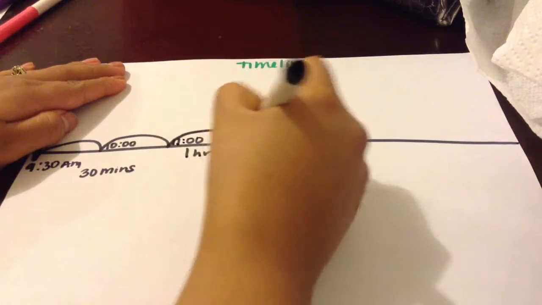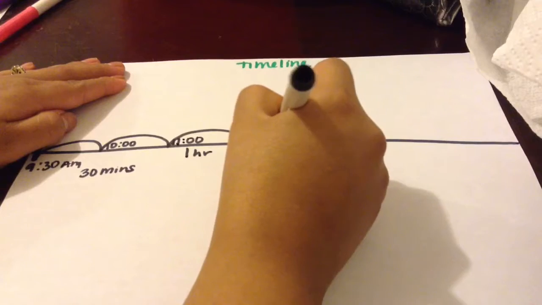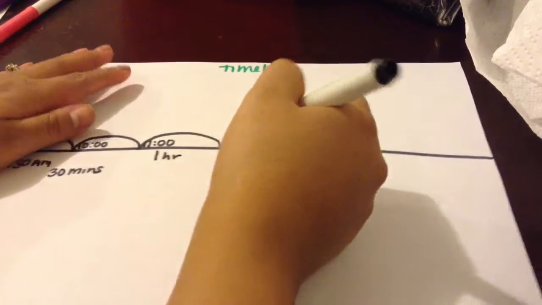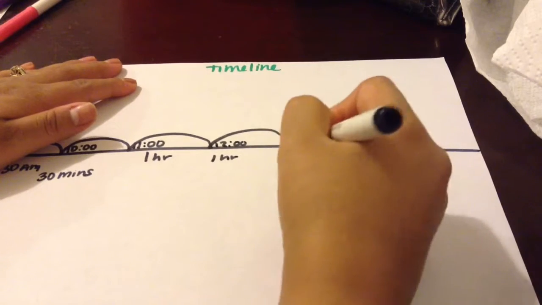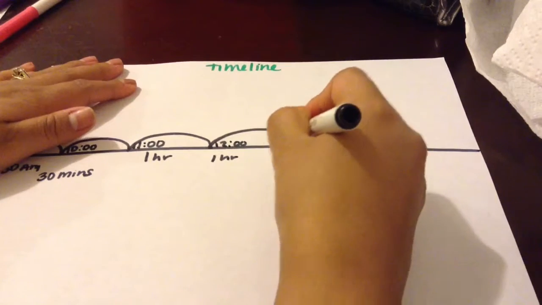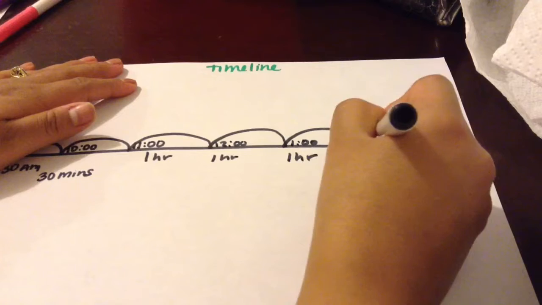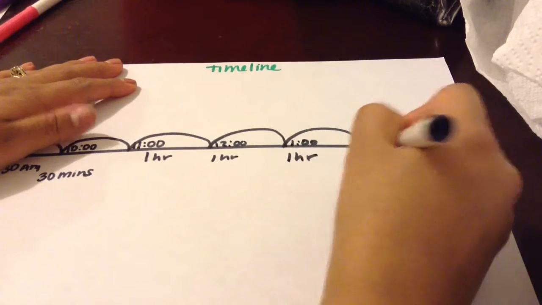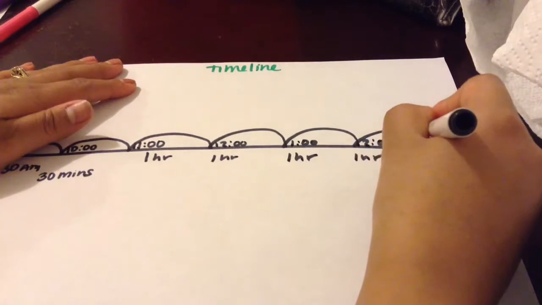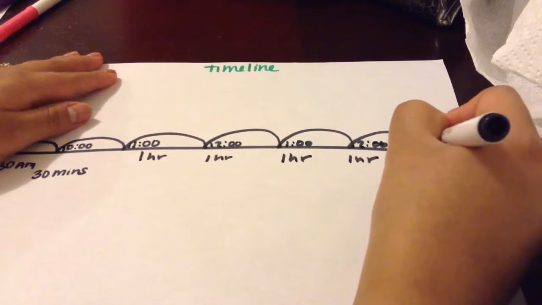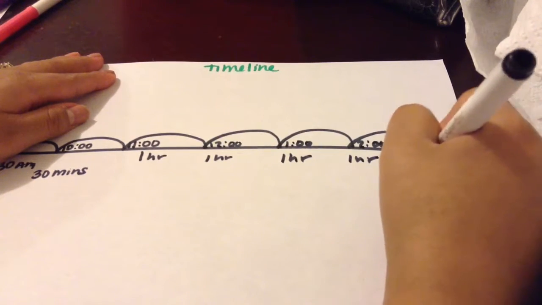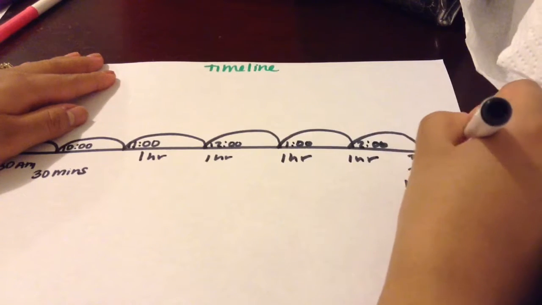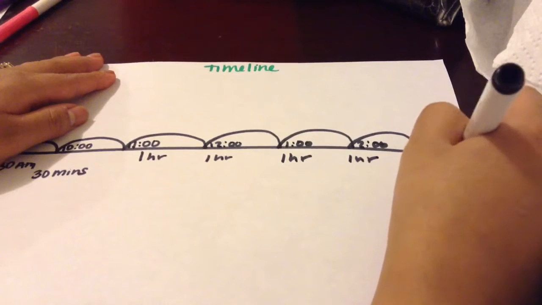From 11 to 12, it would be 1 more hour. From 12 to 1, it would be 1 hour. From 1 to 2, it would be 1 hour. From 2 to 2:30 would be 30 minutes, and then we would be left with 5 minutes.